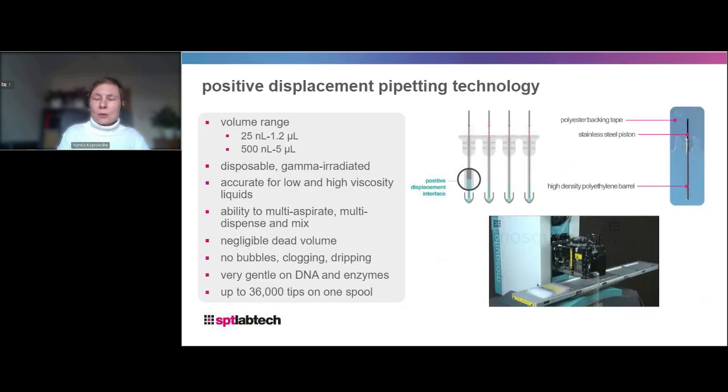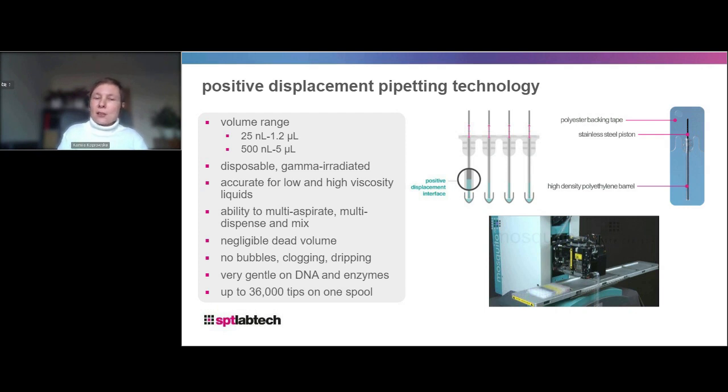What's unique about the Mosquito is our tips, is the pipetting. So as mentioned previously, it's a true positive displacement pipetting technology. Tips can be in 2 volume ranges, either between 25 nanoliters up to 1.2 microliters for, let's say, single cell applications.